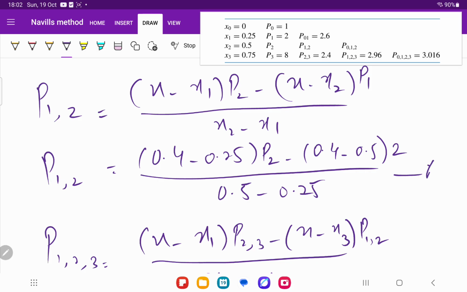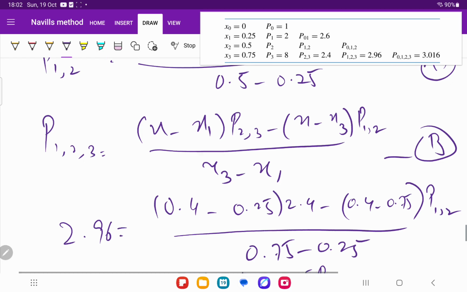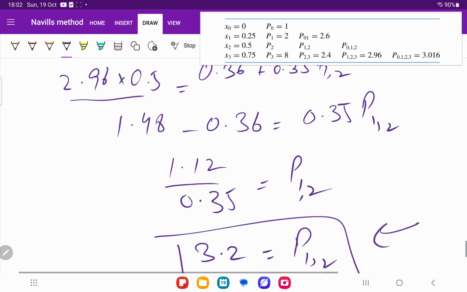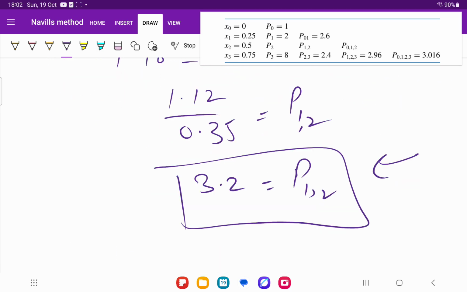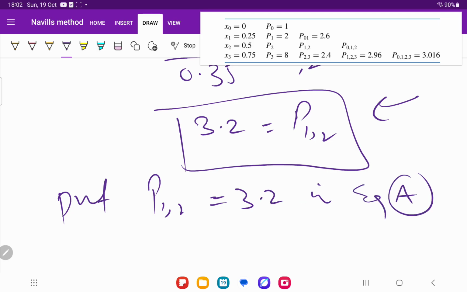This equation is A, this is B. So we solve B to get P12, and then we use this value in A. So put P12, which is equal to 3.2, in equation A. Okay, so you will get the new point.